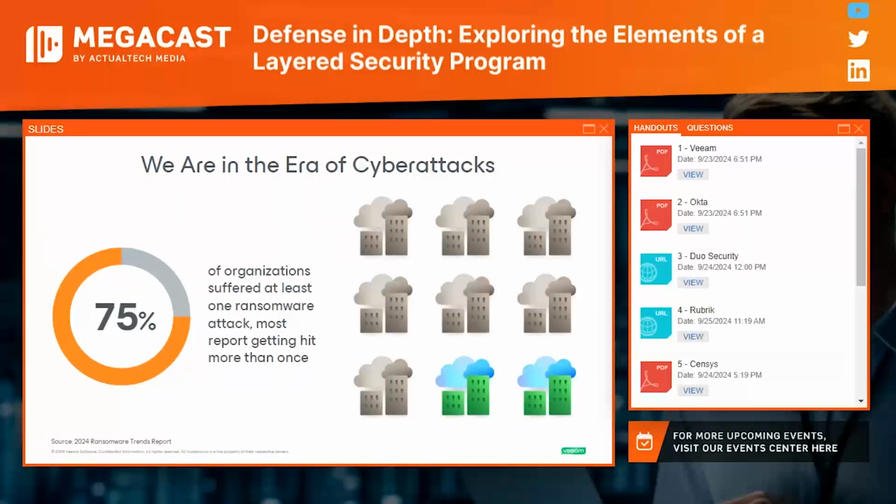We are actually starting to work on next year's survey and report. But one big highlight here, and you will see similar stats in other reports, is that 75%, yes, 75% of organizations suffered at least one ransomware attack last year, right? And many of them more than once.